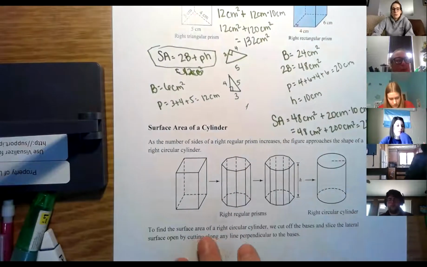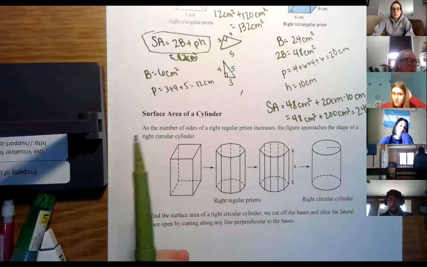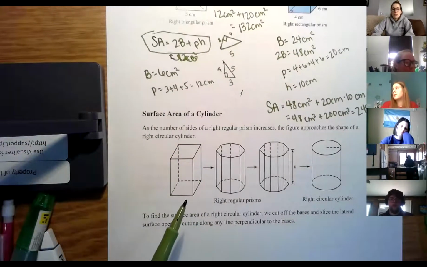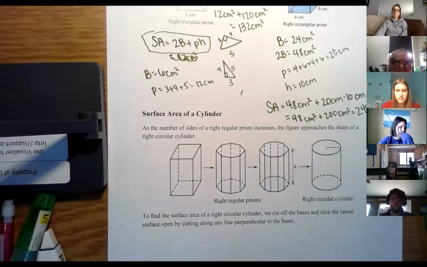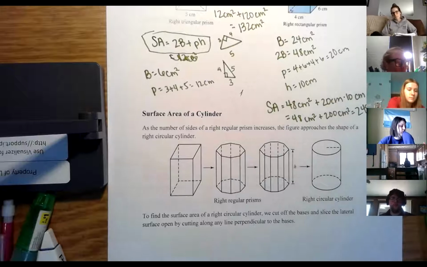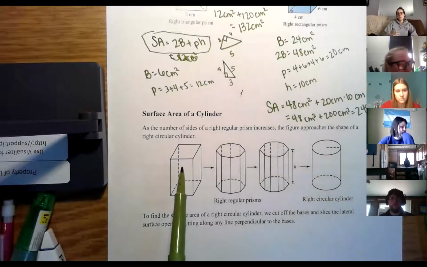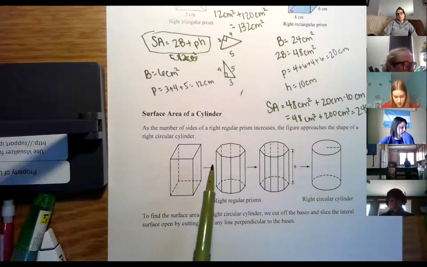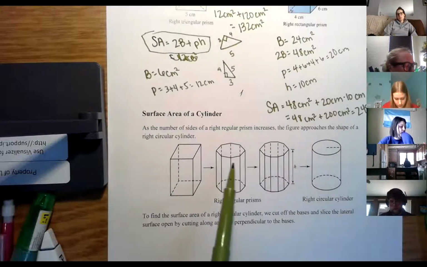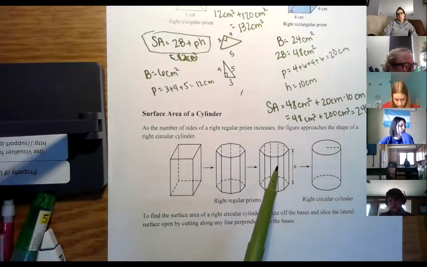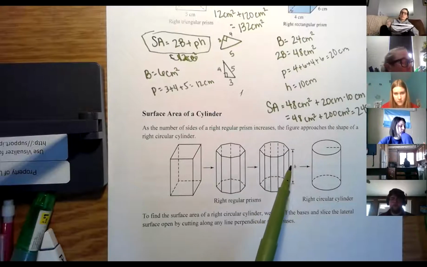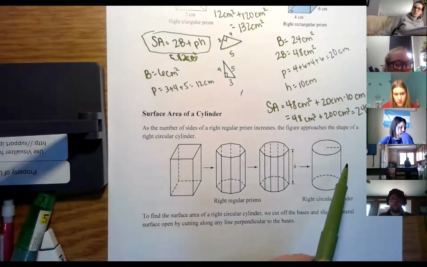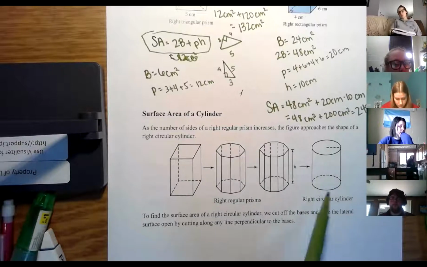Okay, so surface area of a cylinder. This is kind of using the same concept that we talked about when we were finding the circumference formula for a circle. If we have a cylinder and we increase the number of edges infinitely, it rounds out to where we get this.